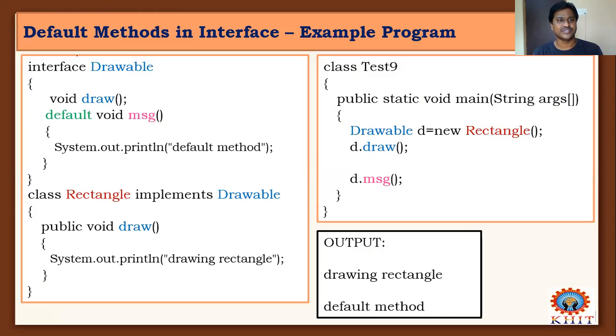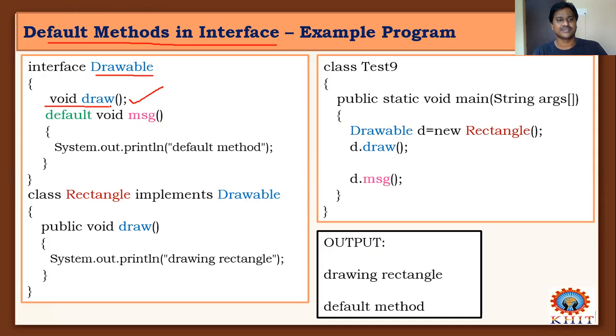Next one. Coming to default methods in interface, here is a simple example. Consider that this interface Drawable is an interface, and draw is a method without body, ending with a semicolon. That means the method body is not allowed to be defined here, right?